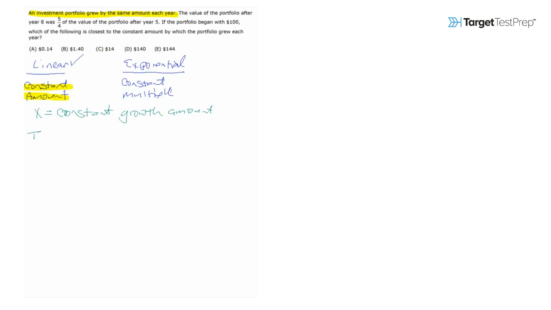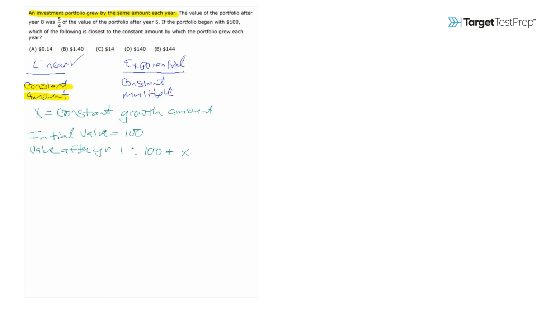The simplest way to attack this is just to come up with a little table for ourselves. We'll say we have an initial value, which is equal to $100. What's the value after year one? The value after year one is simply going to be the starting $100 plus the constant growth amount.